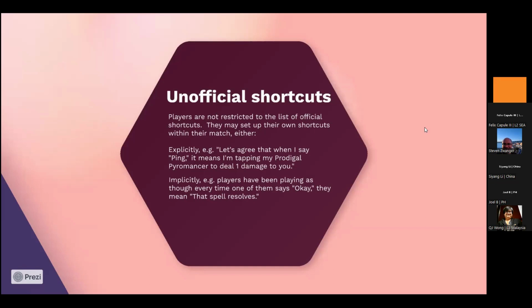Well, before you say to them, okay has no official meaning, you should investigate and look into the history of their communication.